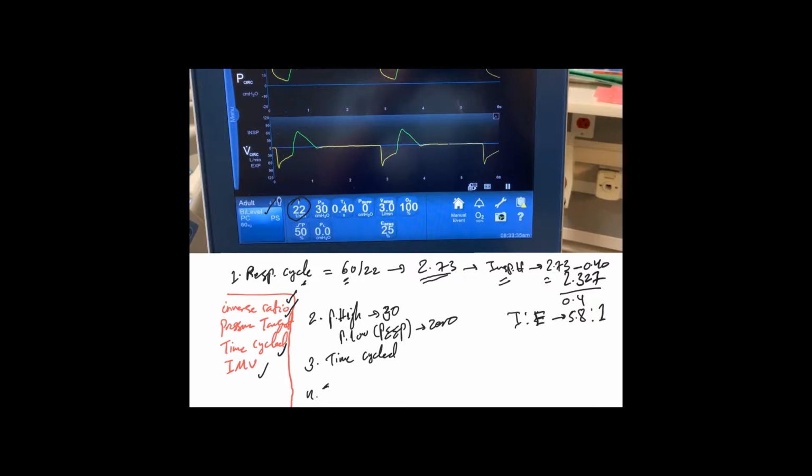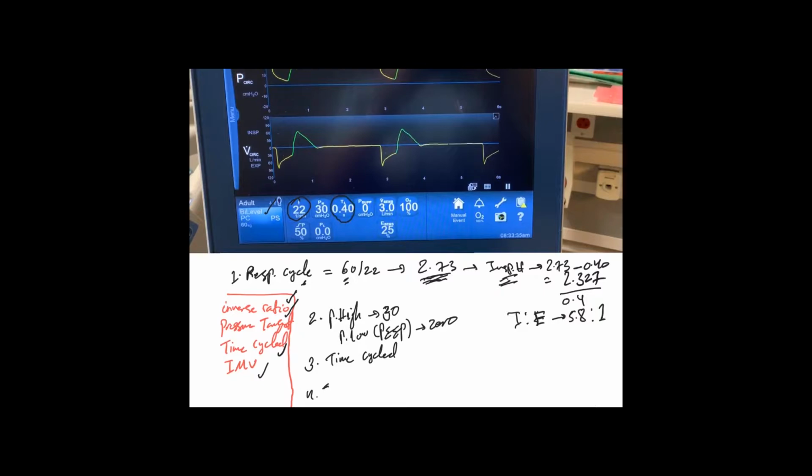Inspiratory high, meaning the inspiratory time, is equal to the whole respiratory cycle of 2.73 seconds minus the respiratory low, or T low. T low means expiratory time.